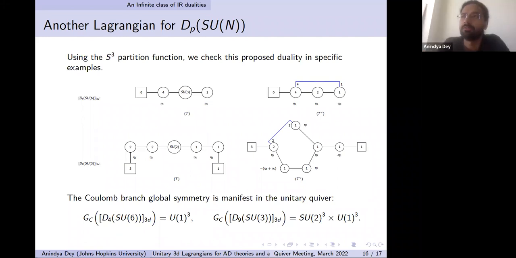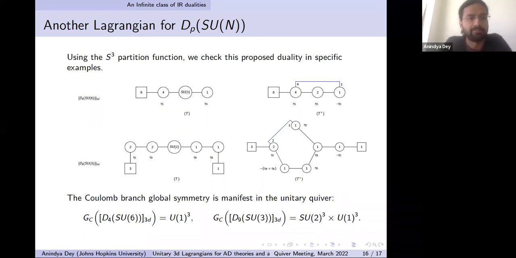Yeah, so you can choose to implement this. You can choose to replace one of the SUs by a unitary quiver, and not the others. I guess yes, you can do that. But right, I'm not claiming that these are the only 2 Lagrangians that you can possibly write down.